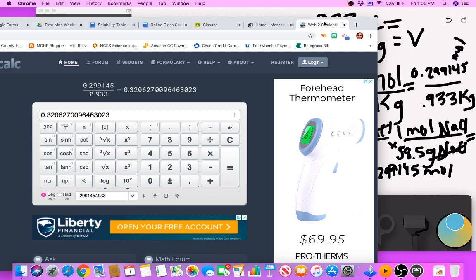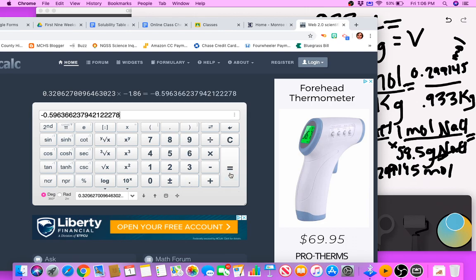So we've got our negative, we got our 0.320627, and then we're going to multiply that times our negative 1.86. And that gives us, and now this is our final answer.